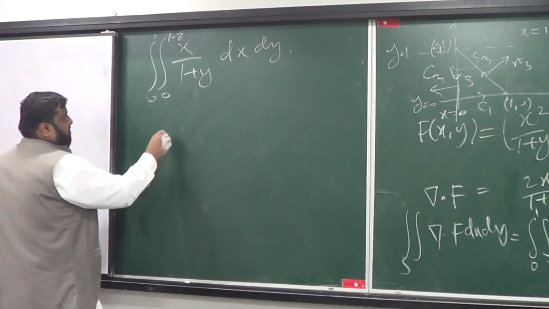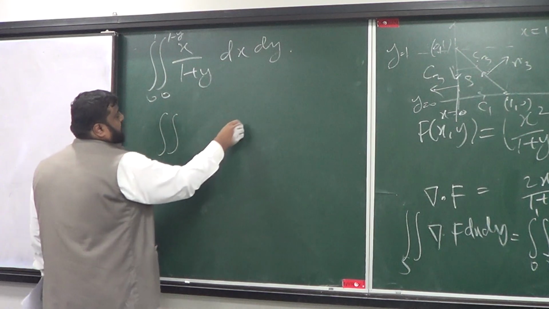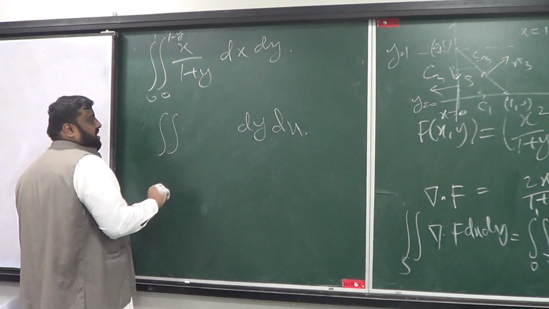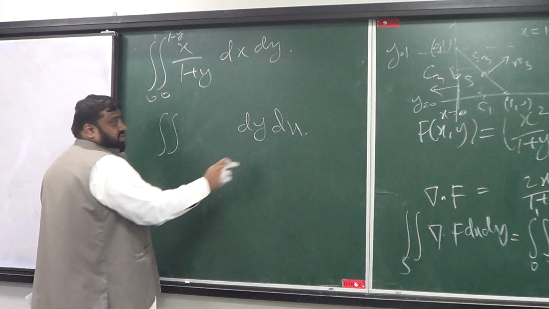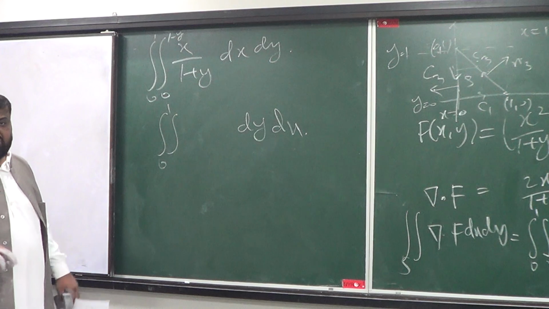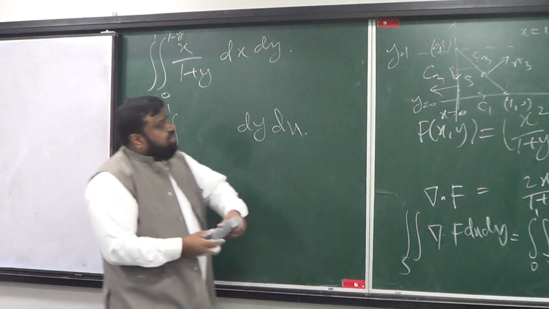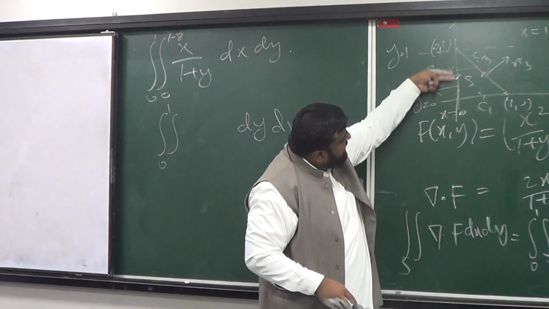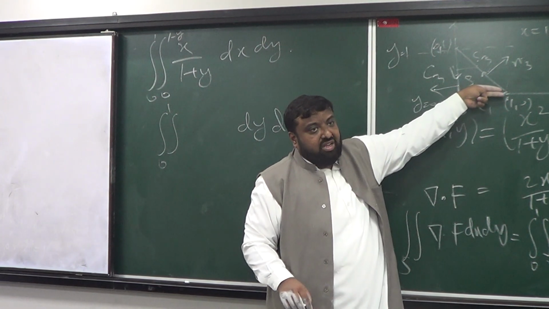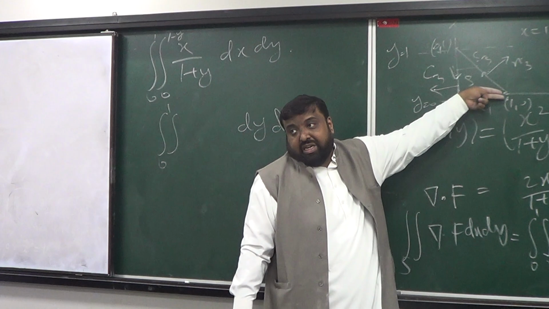The question is, what if I want to do this with dy dx? For x I know that it goes from 0 to 1, but how about y? Previously I was looking from this perspective, starting from x equal to 0 and ending at this line. But now you are looking from the perspective of y.